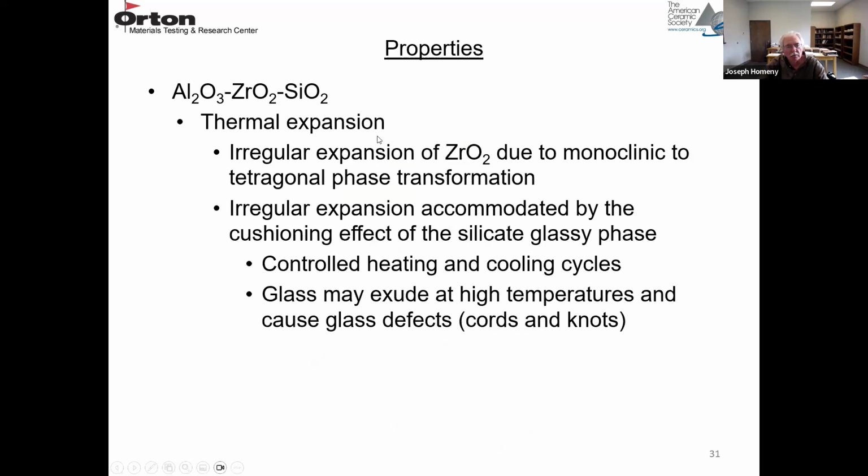So this thermal expansion issue, the irregular expansion of ZrO2 due to the transformation from monoclinic to tetragonal, that irregular expansion is accommodated by the cushioning effect of the silicate-based glass. You still have to go through controlled heating and cooling cycles.